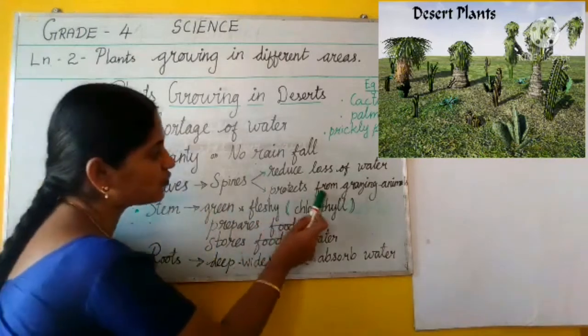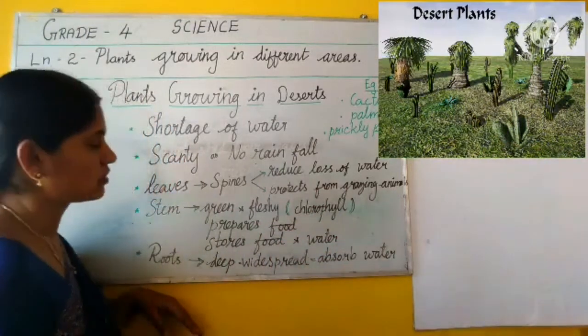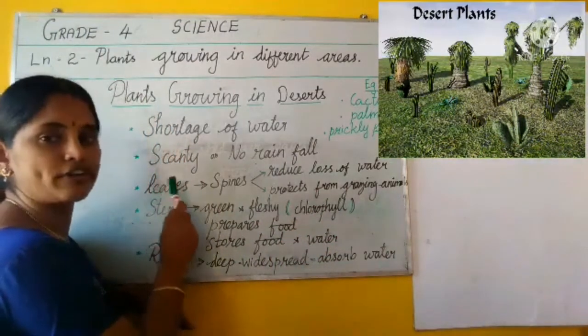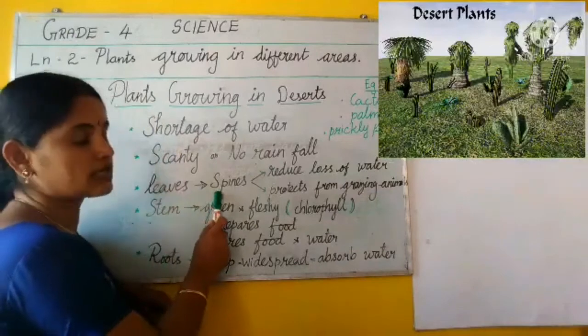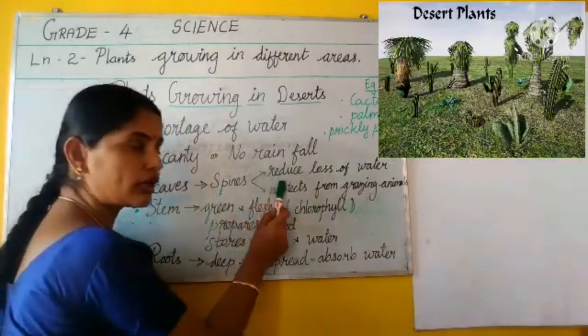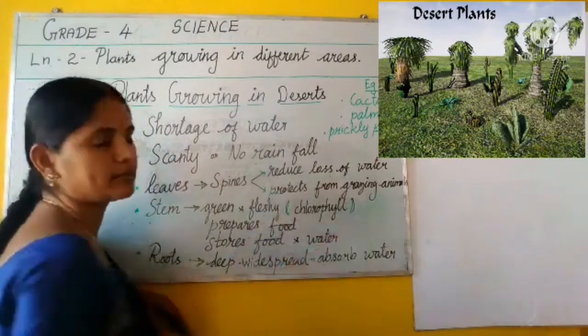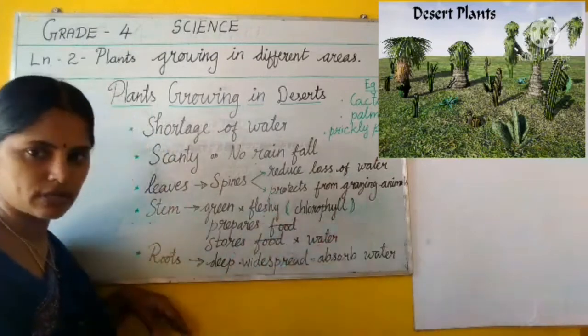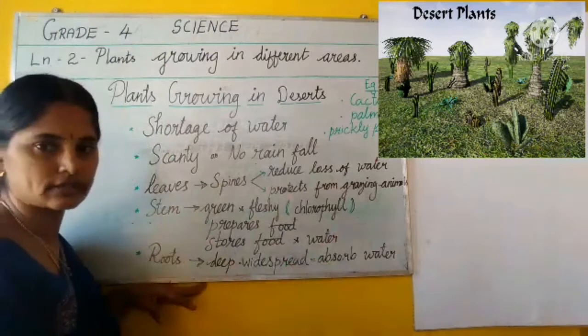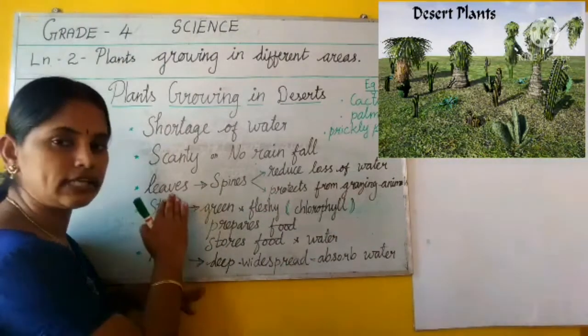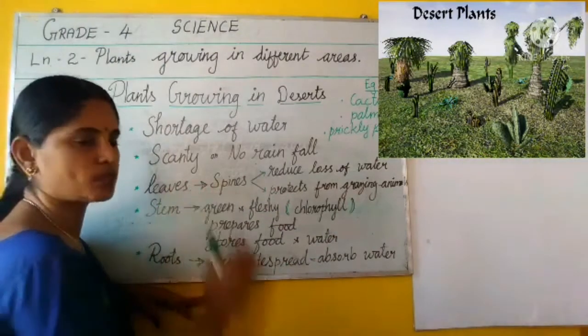So leaves are modified into spines in order to reduce loss of water and to protect from grazing animals. Animals cannot eat them, and water is not wasted. So that is why the leaves are modified into spines.